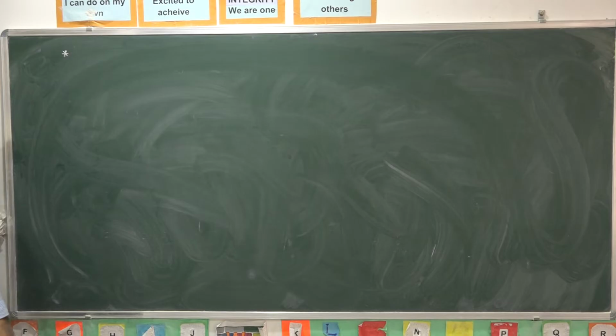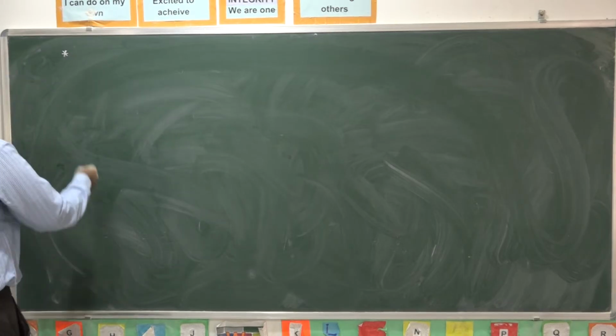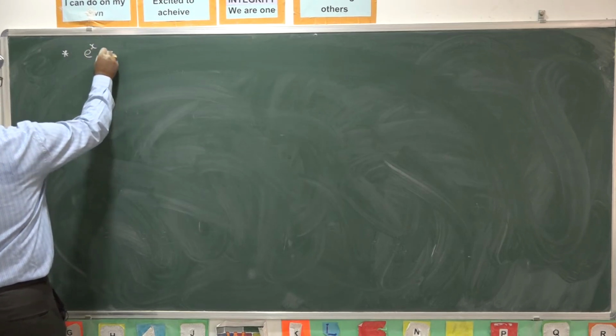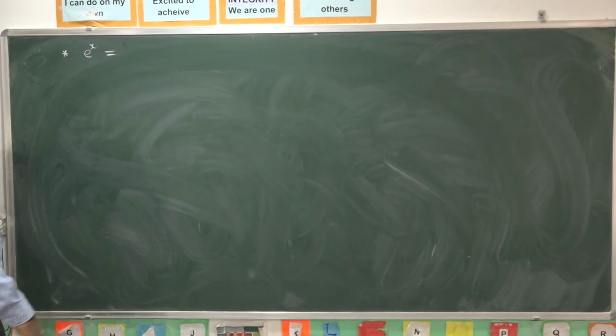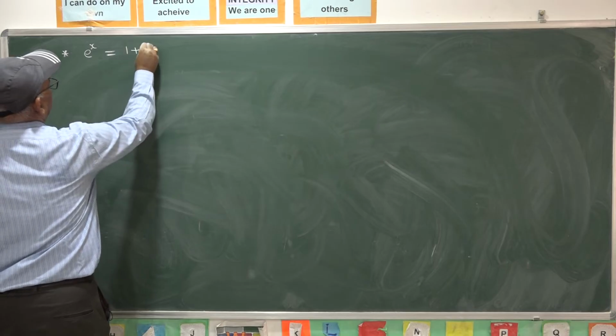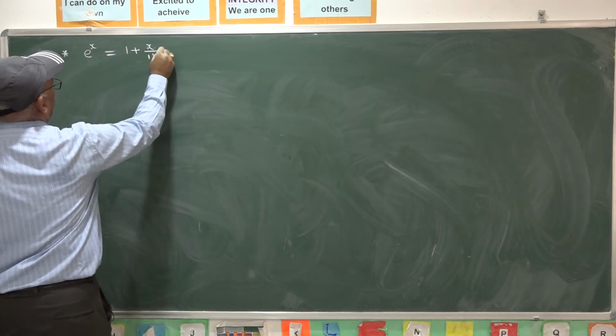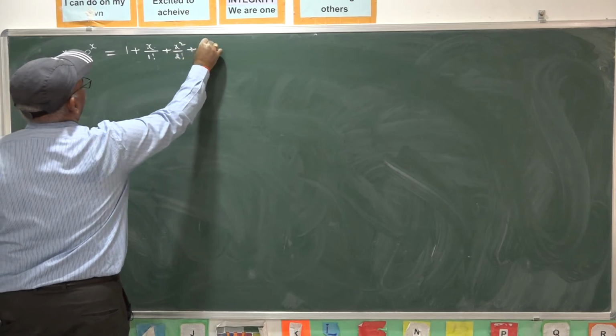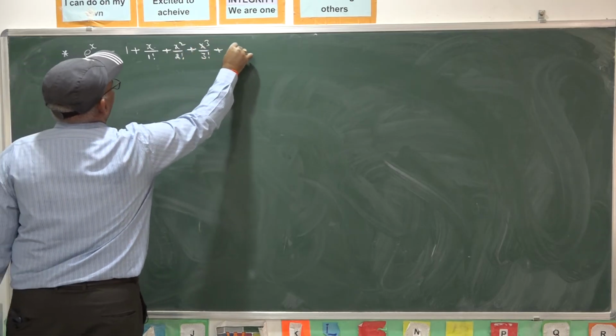Some important expansions which are useful in dealing with limits. Consider them as formulas here. The expansion of e power x. E power x expansion is 1 plus x by 1 factorial plus x square by 2 factorial plus x cube by 3 factorial and so on up to infinity.